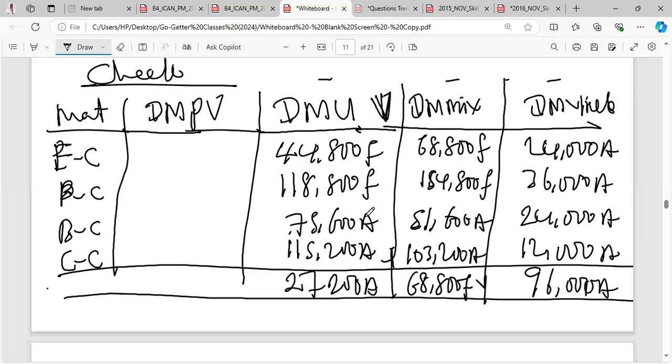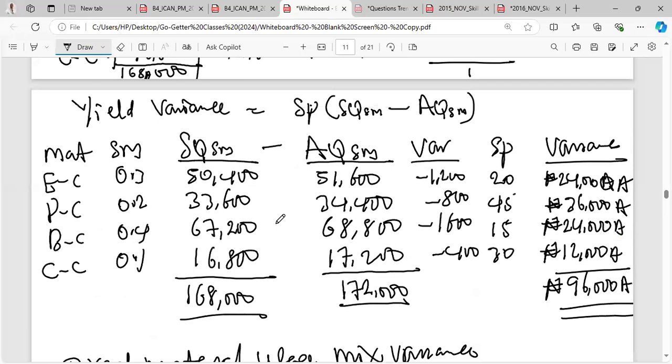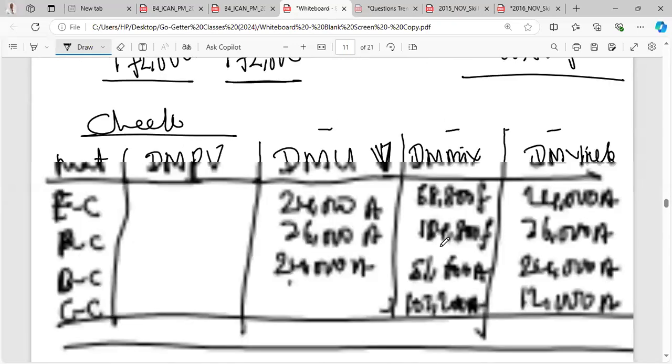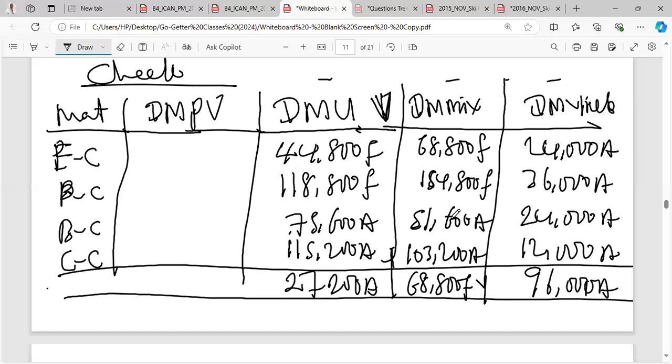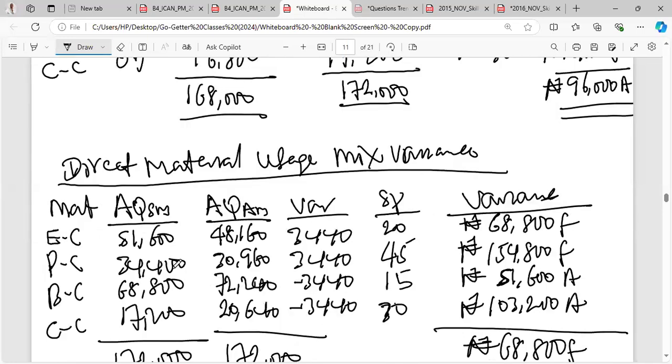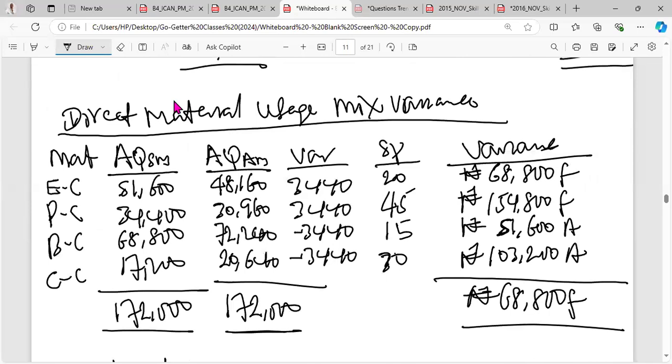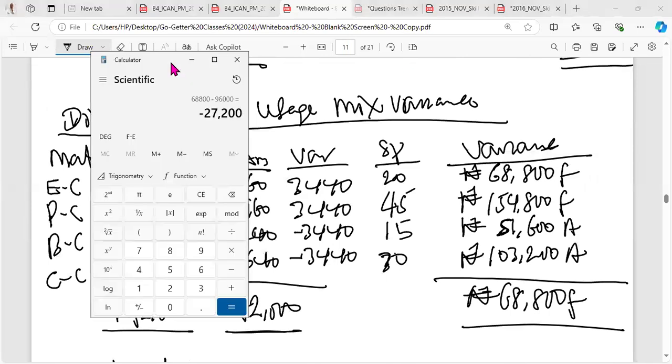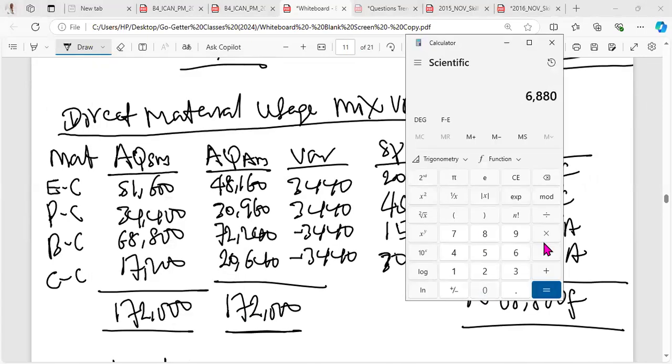BC. Let's see what we did in BC. Usage variance. Let's see mix and yield. Mix variance, check it again. 68,800 minus 72,240. That gives me this.